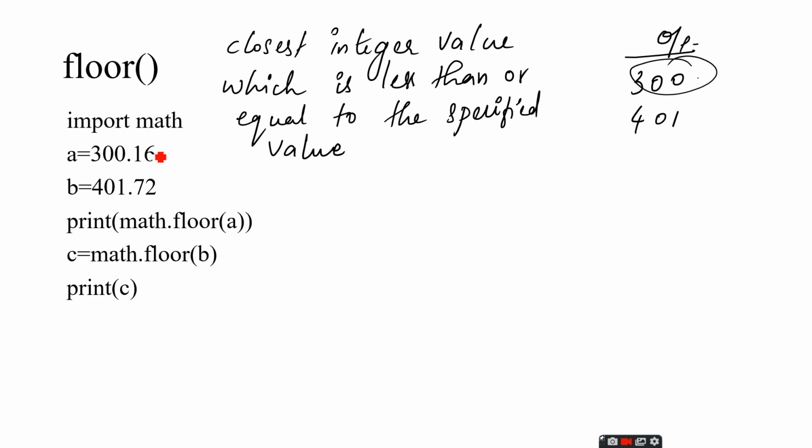The value that is less than or equal to the specified value is 300. For 401.72, it is 401. So print math.floor of a, the output will be 300. Then c equal to math.floor of b, the value pointed to by c will be 401. Print c, the output will be 401. So this is the output.